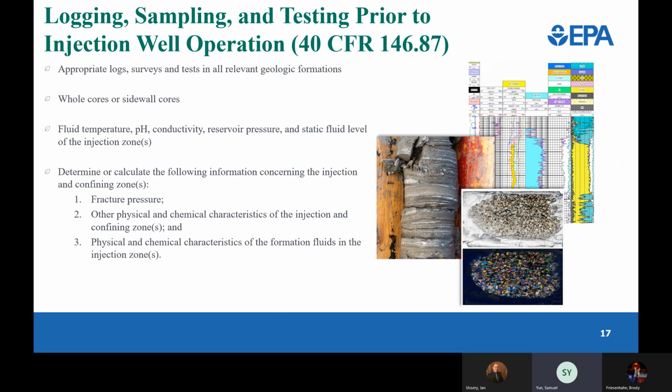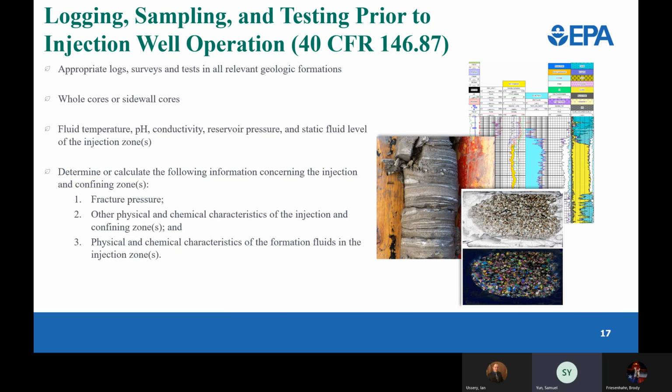Logging, sampling, and testing that must be performed before injection of CO2 may commence include appropriate methods to determine or verify the depth, thickness, porosity, permeability, lithology, and salinity in all relevant geologic formations. Whole cores or sidewall cores of the injection zone and confining system and formation fluid samples from the injection zones.